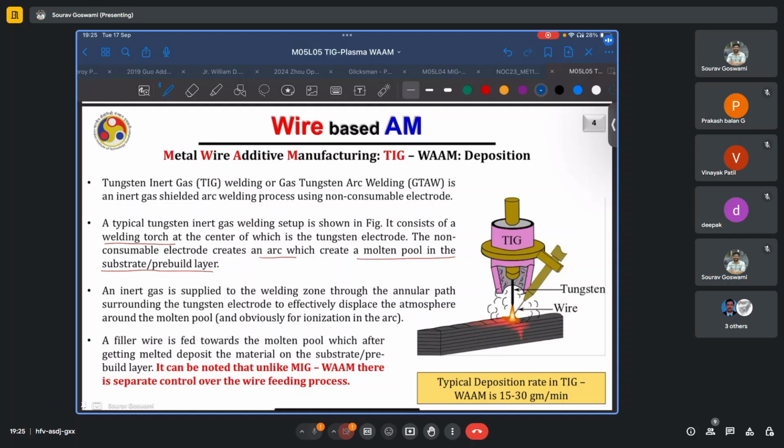Unlike MIG-WAM, there is separate control over the wire feeding process. So here we can control the electric current and wire feed independently. So we have an additional degree of freedom.